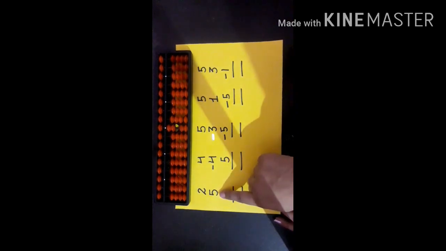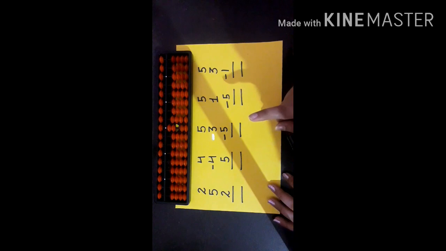So, the first number is 2. You have to add 2. 1, 2. Now, you have to add 5. Students, I have told you how you have to add 5. This is your 5 bead.